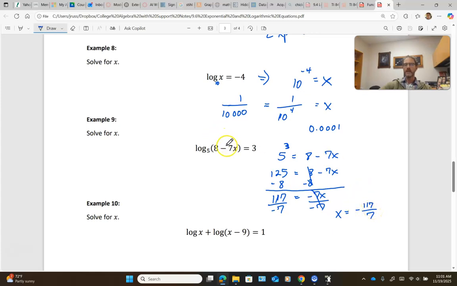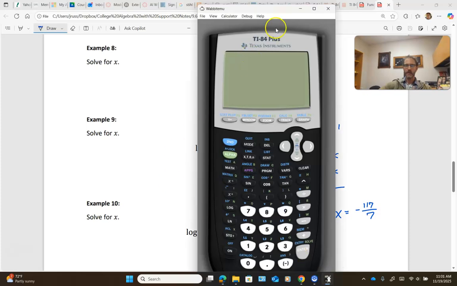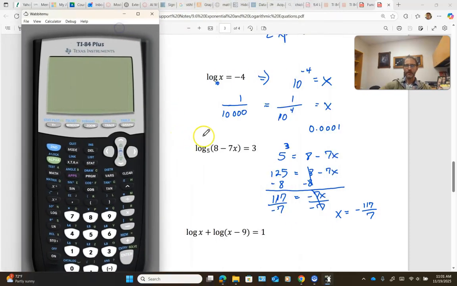This means that when I plug this back in, if this argument of the logarithm becomes negative, then that will not work. Okay. But if I were to try to do this, I just want to ensure that the argument of this logarithm remains positive. Okay. So I will just type in 8 minus 7 times, and then in parentheses plug in my solution that I came up with, negative 117 over 7.